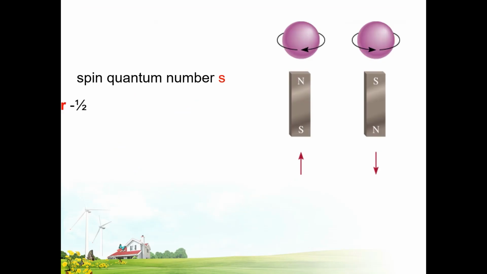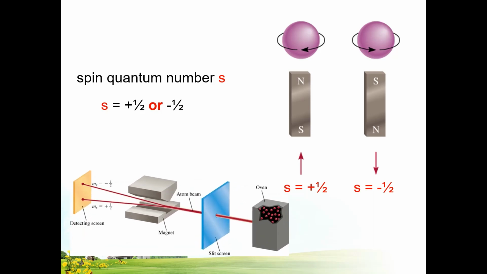So you can see here that the spin quantum number s would give you the value of positive half and negative half. That's from an experiment where the electron is beamed between two magnets, and it was found that one electron goes up and one goes down on the detecting screen.